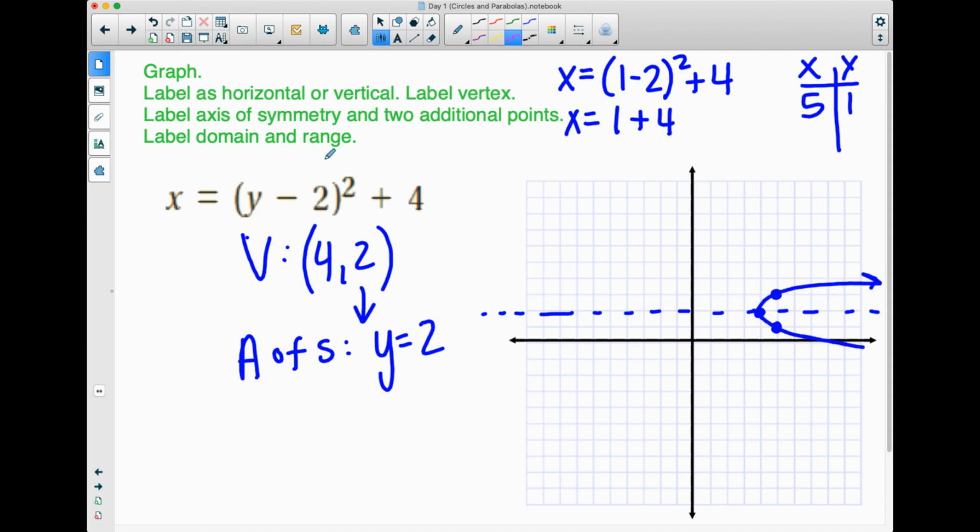And we have our horizontal parabola. So just don't get turned around on that. All right. Questions?